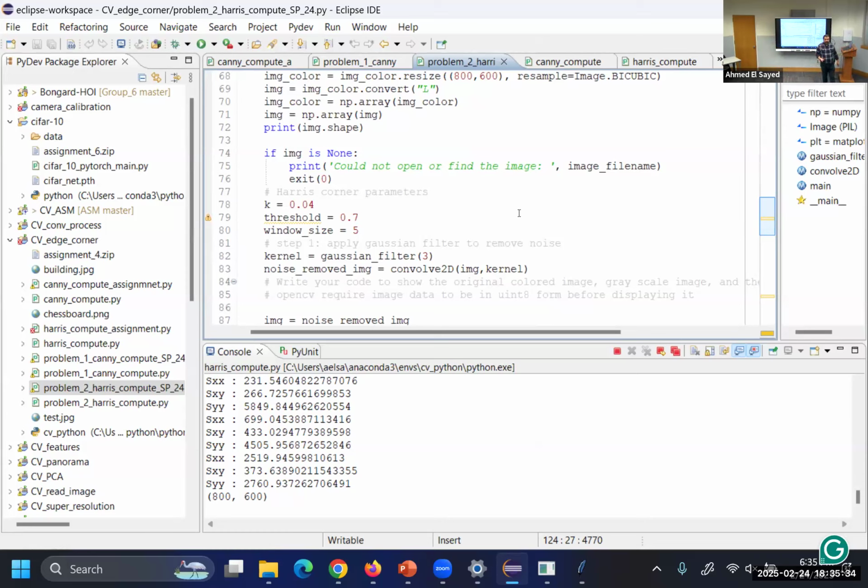What else? Yes, it can affect, but not that much. But there's another parameter that I can play with.